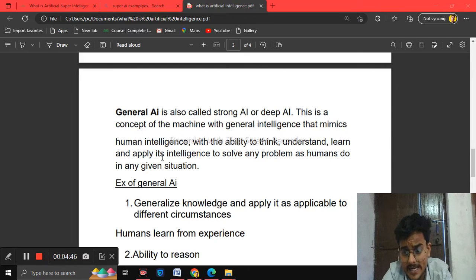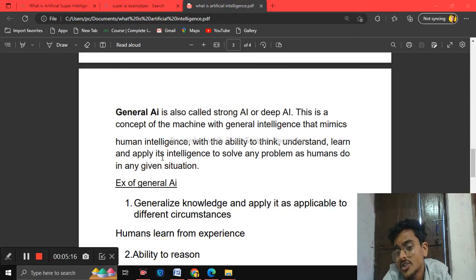These lines say that general AI is also called strong AI. It means it is not a weak AI, and it can understand, think, and speak like a human. You can understand through these lines: as humans do in any given situation. Whatever the situation, whatever the reason, a human can deal with these situations.